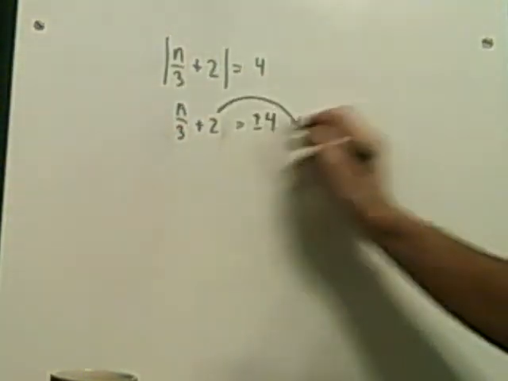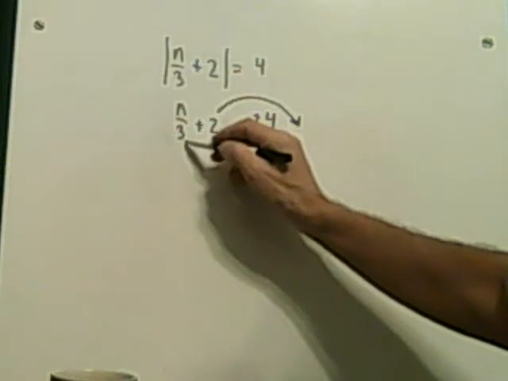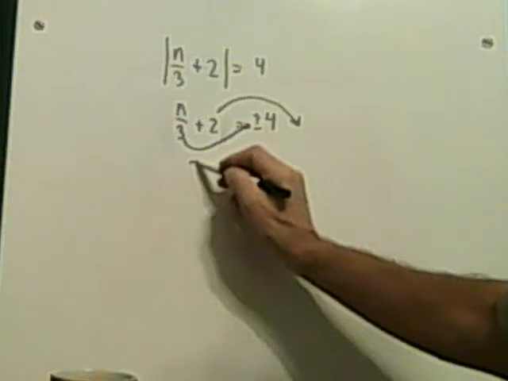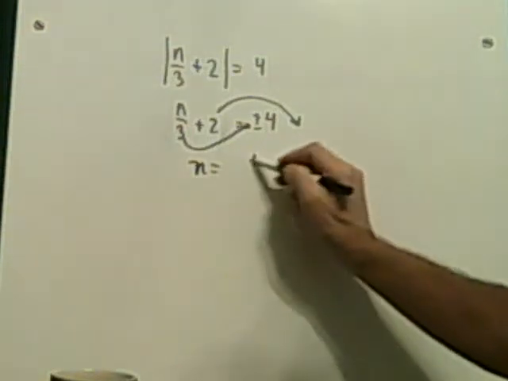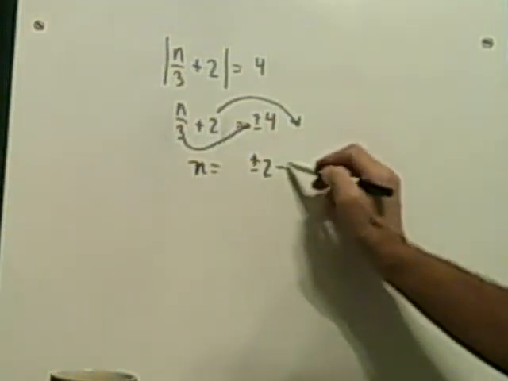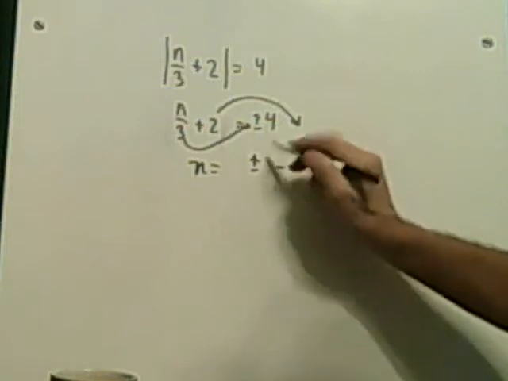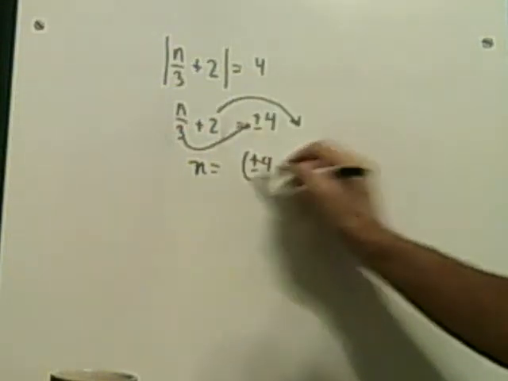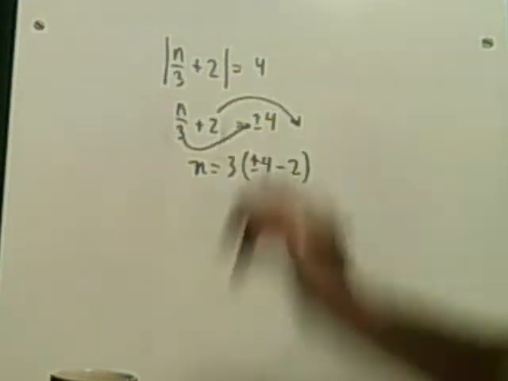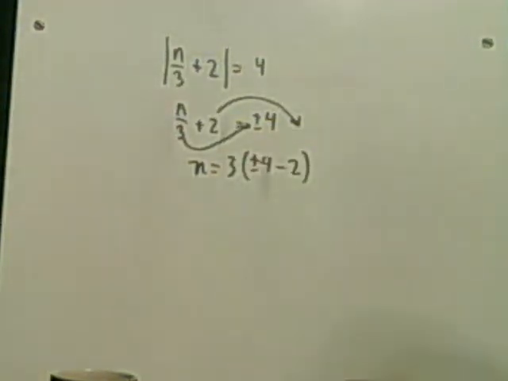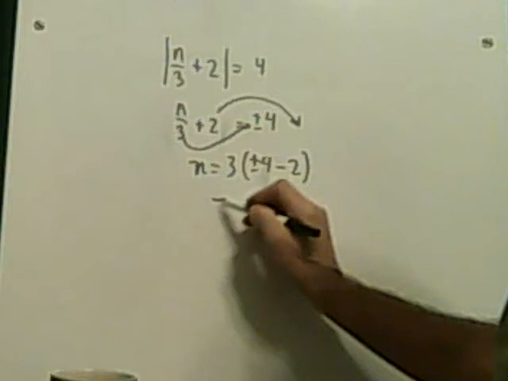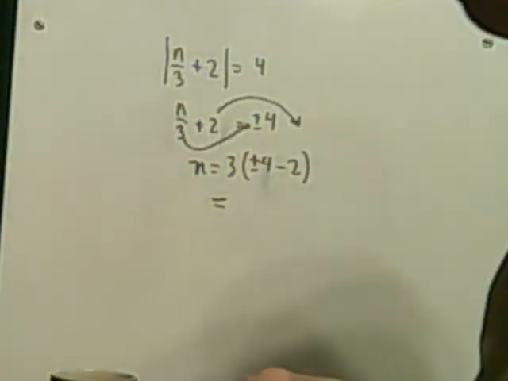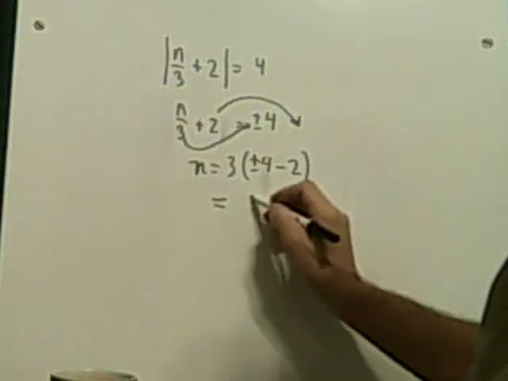Move over the 2, multiply, take the 3 out of the bottom here and multiply it on this side, and we'll have n is equal to plus or minus 4 minus the 2, and then multiplied by the 3. This is going to have two answers. One of them is the 4 minus the 2. That's 2 times 3, or 6.